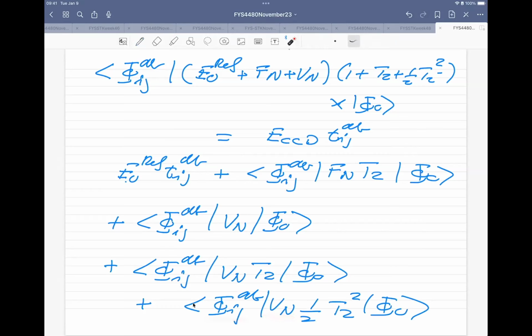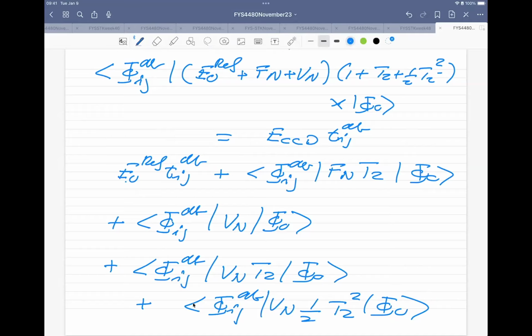So T2 cubed leaves us with a 2-particle, 2-hole state, which has to match the 0-particle, 0-hole. So this series truncates at a given order, defined by the type of 2-body or 3-body interaction which defines V of n. These are the only terms which survive.